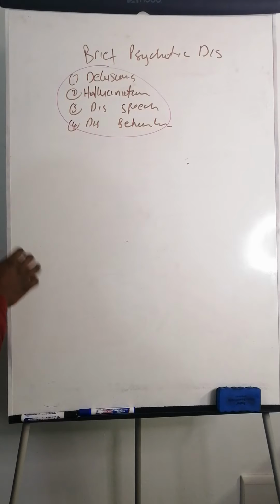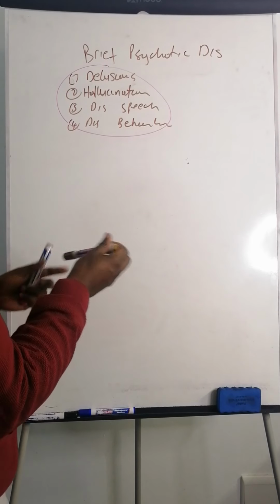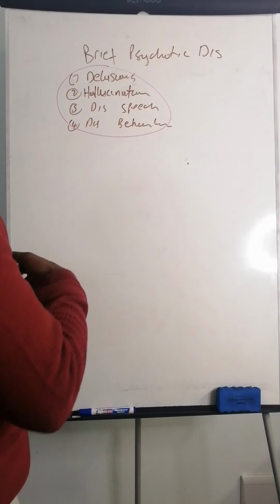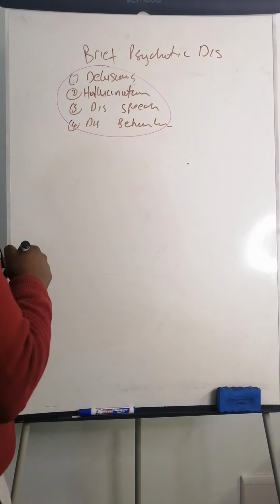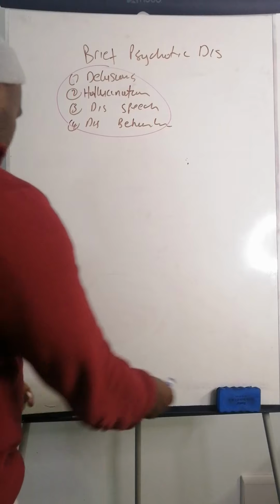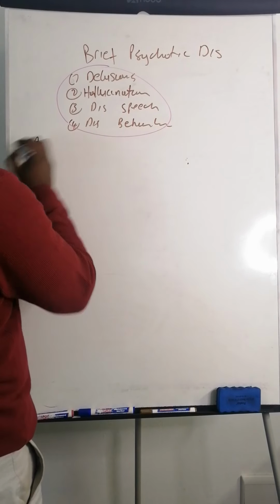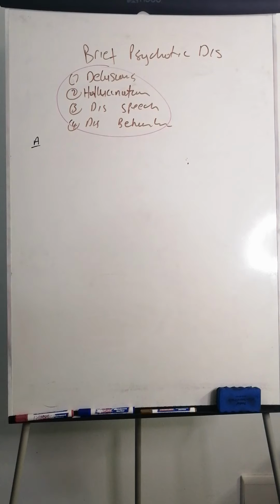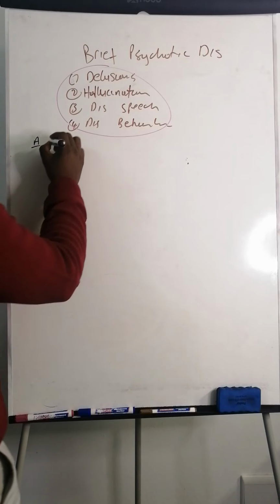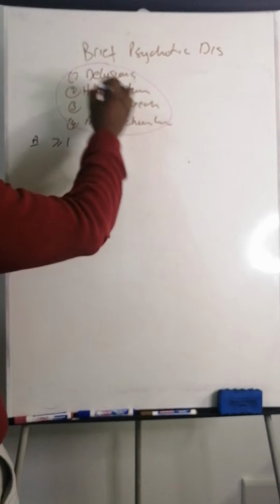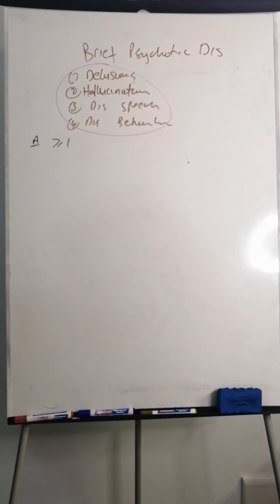So according to criterion A, in order for us to say someone has got a brief psychotic disorder, they must have one or more of these symptoms. Get that, guys?